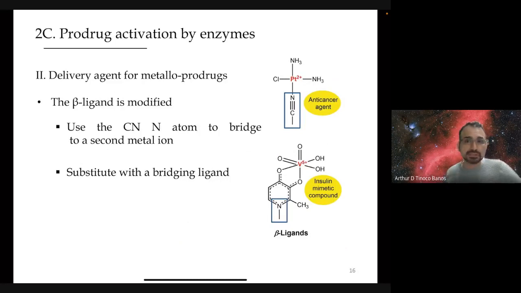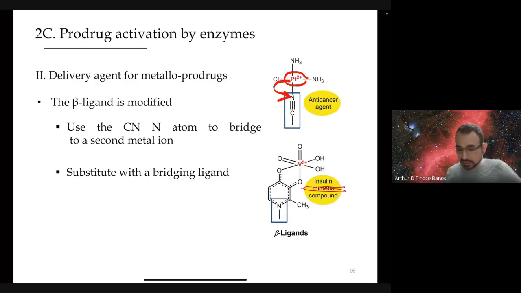So for instance, there have been modifications of platinum 2, so cisplatin derivative compounds, facilitating the coordination of the platinum to the cyano ligand, right, in order to facilitate greater uptake of this compound into the body. There's also been work done with vanadium for its insulin mimicking or insulin enhancement property.